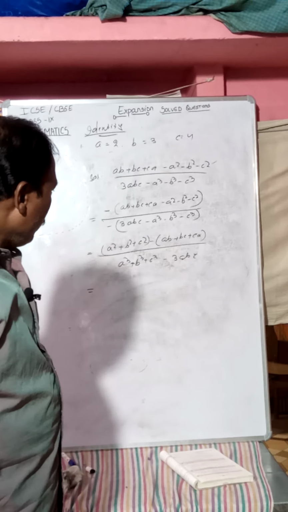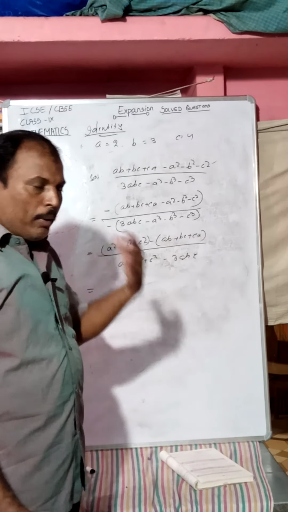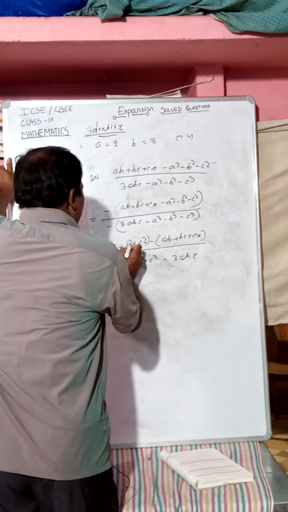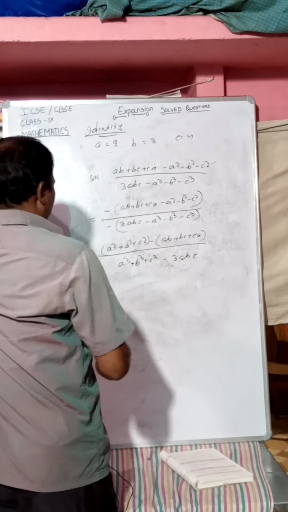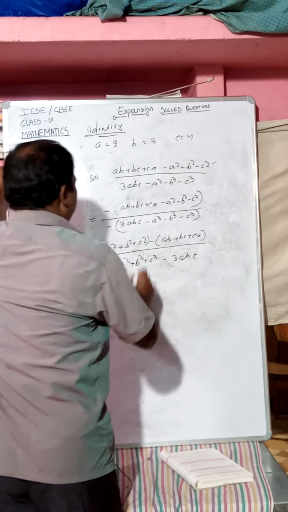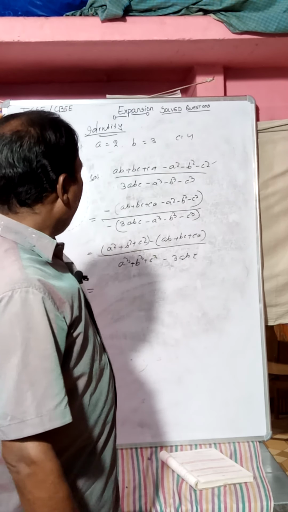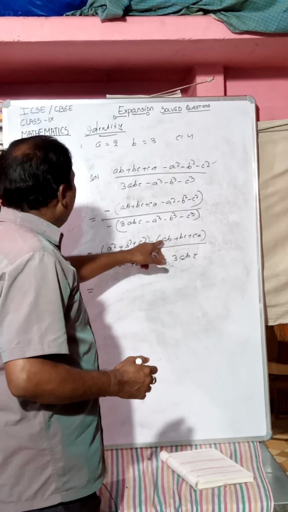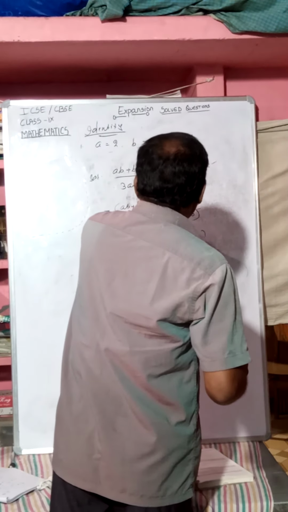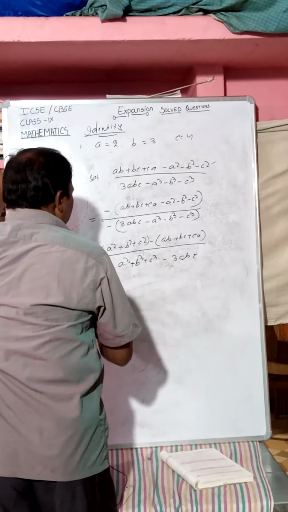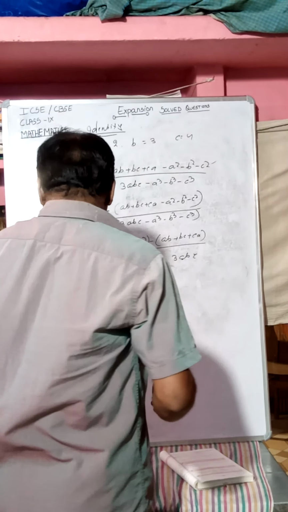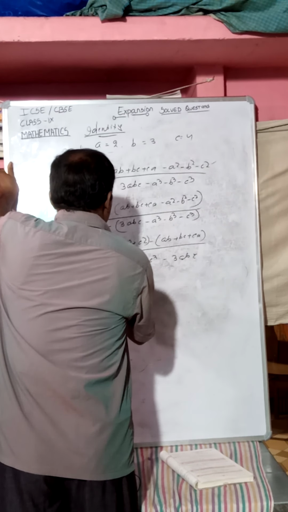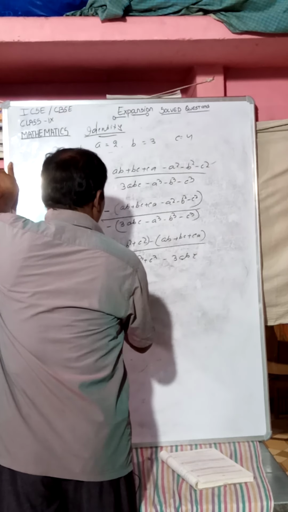Now here we take another formula. What is that formula? A square plus B square plus C square minus (AB plus BC plus CA). Now 2 multiply on both sides.